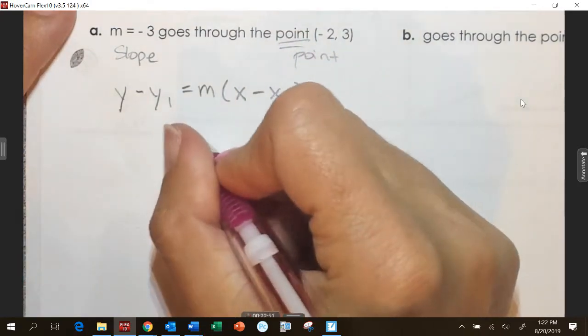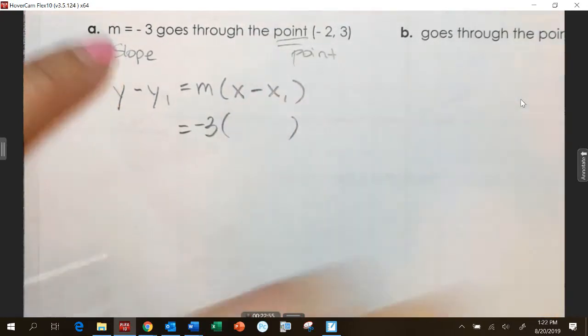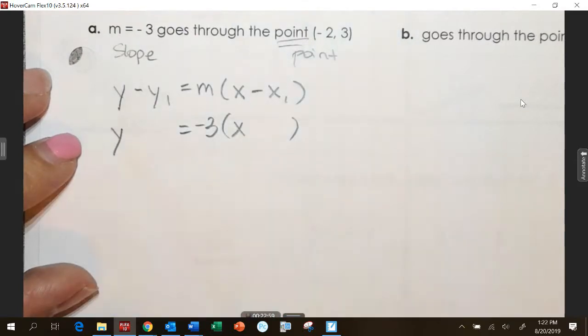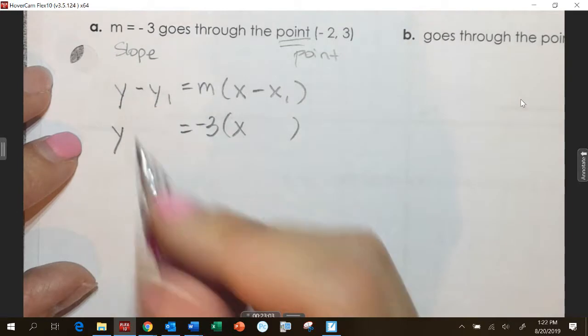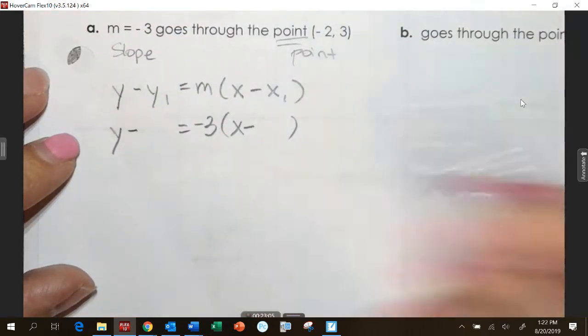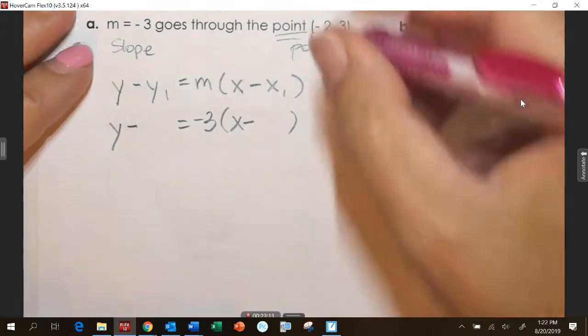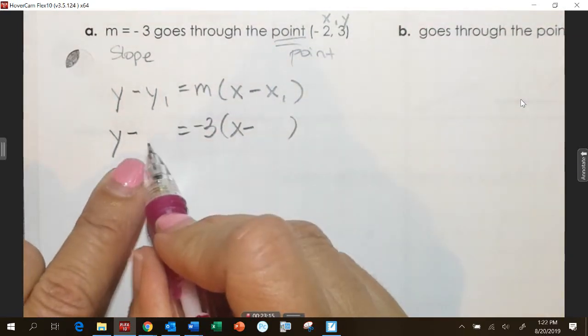We plug in our slope for the m spot, -3. Our y and our x that don't have numbers are still y and x. Subtraction for both of those, and then we put in the ordered pair, but some people make mistakes and don't really pay attention to the order. The ordered pair goes x and y, but down here you actually put the y first.